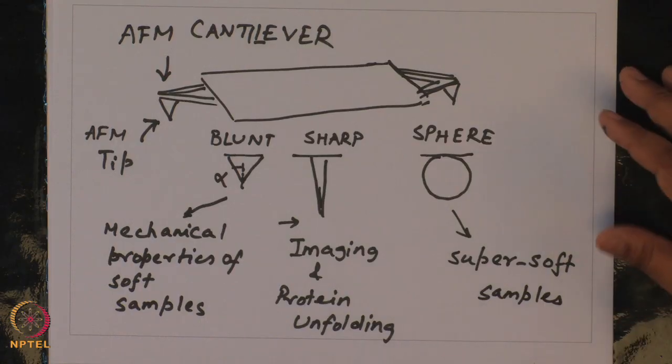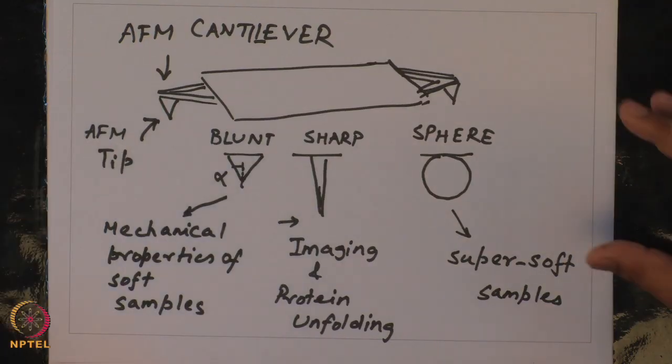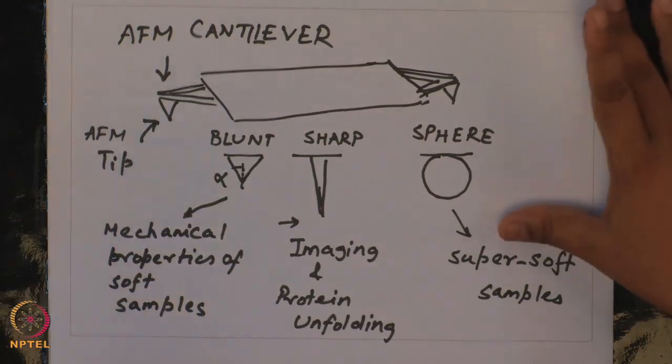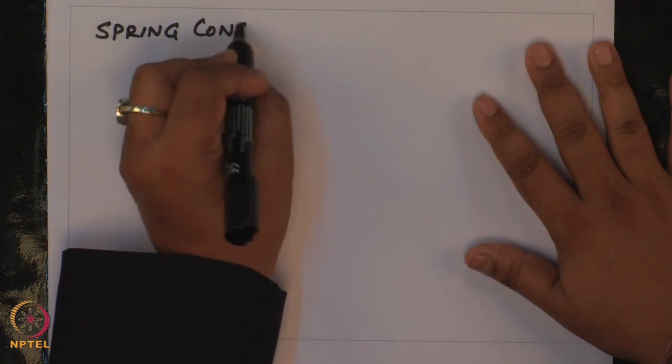So, based on the overall geometry of the cantilever tip, what you also have is an effective stiffness of this tip. So, you have some spring stiffness, a spring constant.